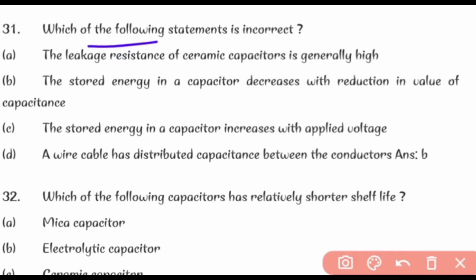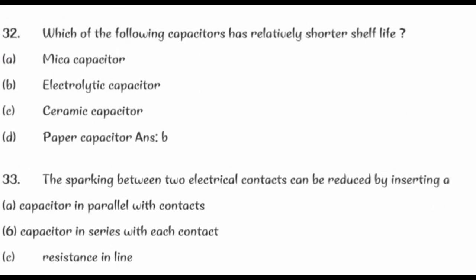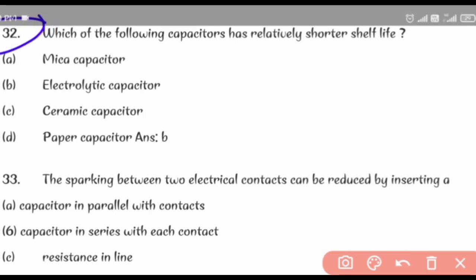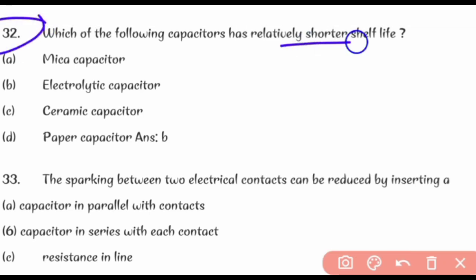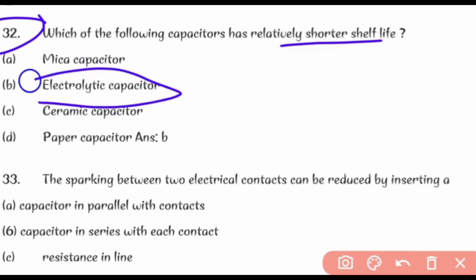Which of the following statements is incorrect? Option B, the stored energy in a capacitor decreases with reduction in value of capacitance. Which of the following capacitors has relatively shorter shelf life? Electrolytic capacitor.